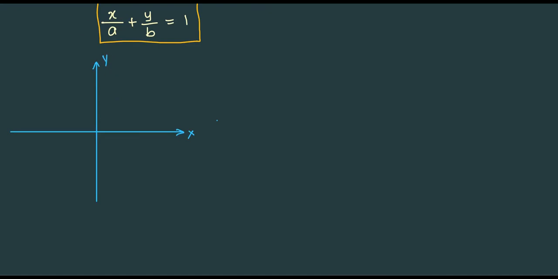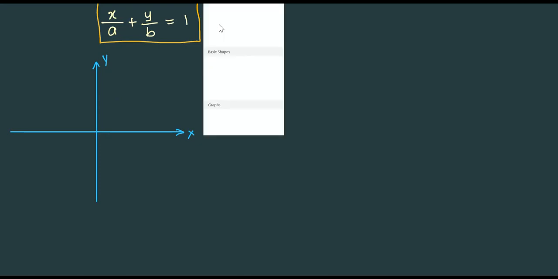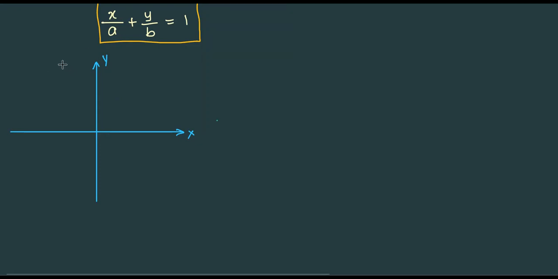Now let us say there's a line which makes some intercepts. If both the intercepts are positive, the line will be like this.